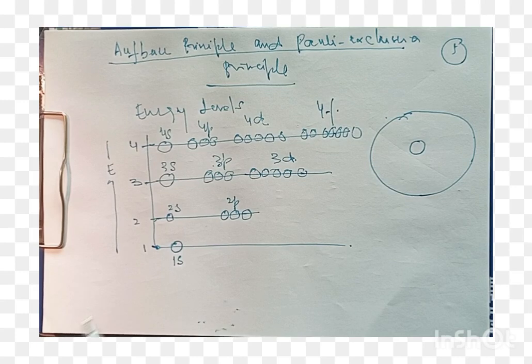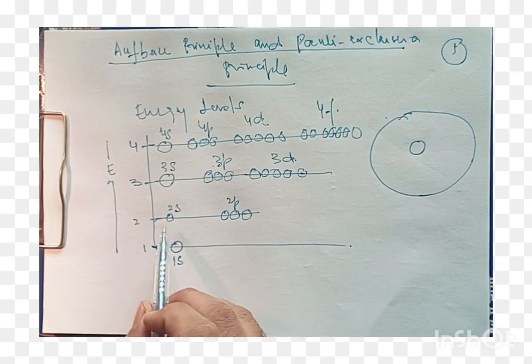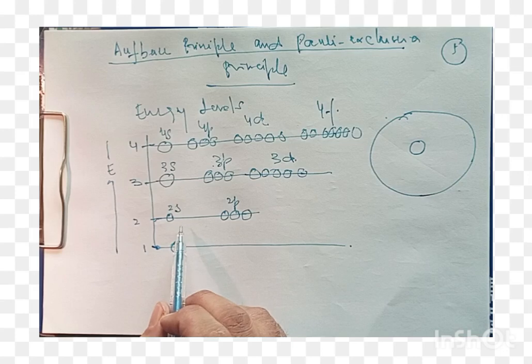What we see is that in hydrogen and hydrogen-like atoms, orbitals having the same principal quantum number have the same energy.